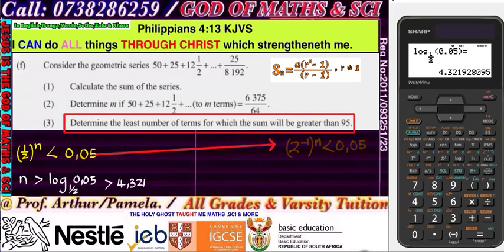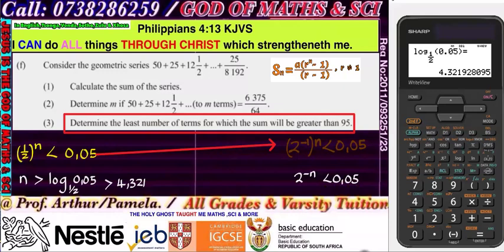Then when I multiply this together, I'll have 2 to the -n is less than 0.05. Now, when you look at the base, it's no longer a proper fraction, it's just 2. So I don't need to reverse the inequality sign.